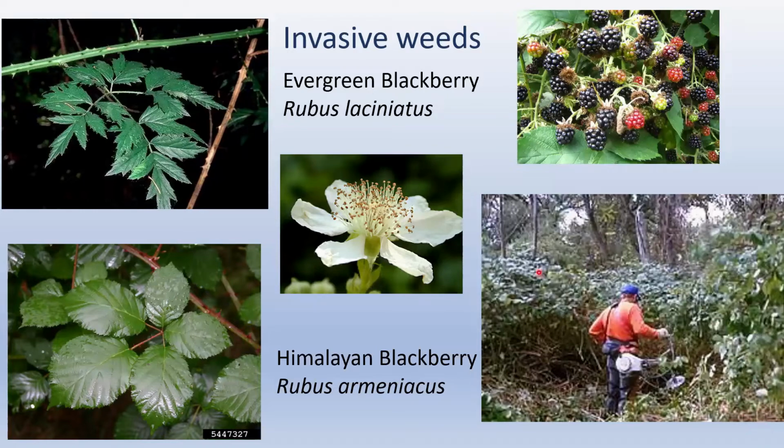You can also come in if you're developing with excavators and grub out, just pull these crowns out, grub them, pull them and pile them. And eventually the pile will go down, but you need to come back and take care of any sprouts that are coming up because there is going to be a seed bank here in the ground.